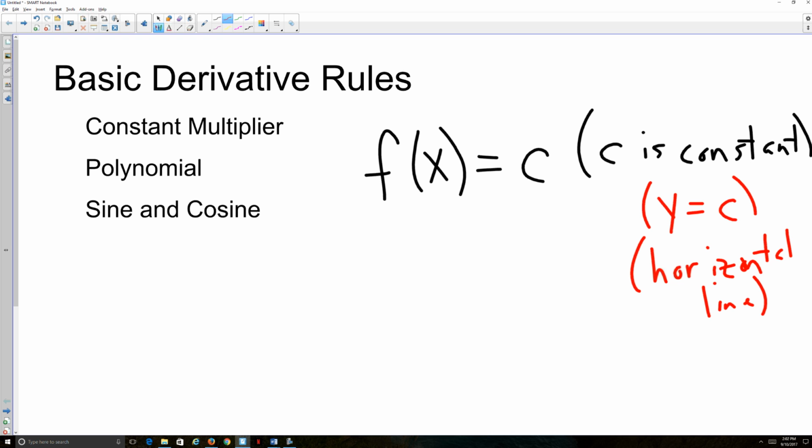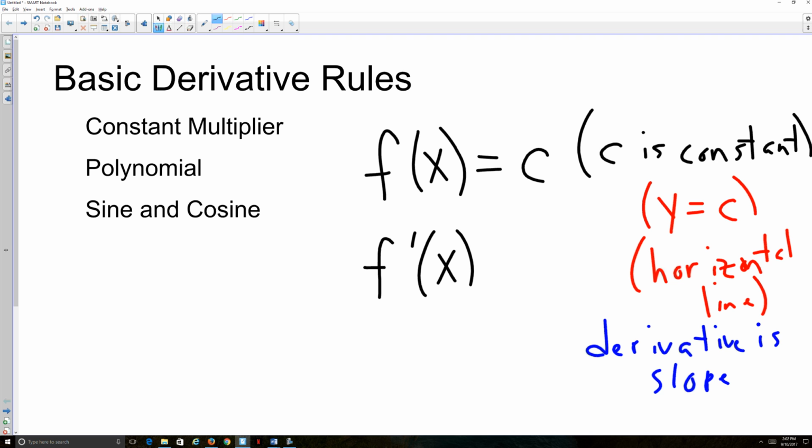And we've learned that the derivative is the slope. Okay, so if the derivative is the slope, well, what's the slope of this line? It's horizontal, so that derivative has to equal 0.